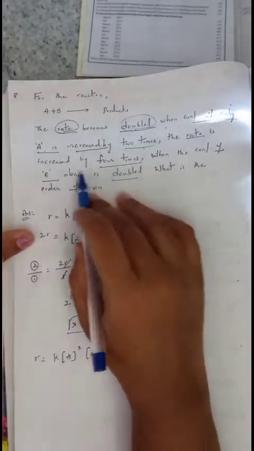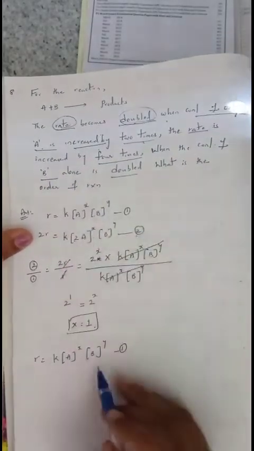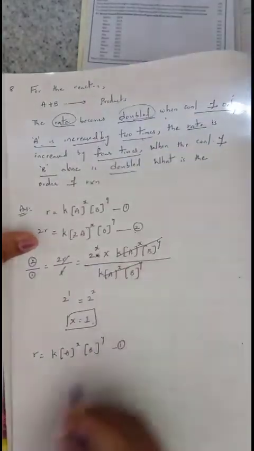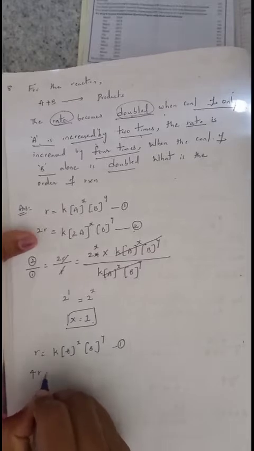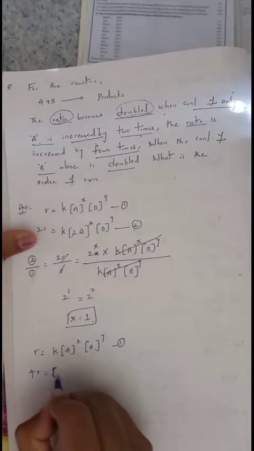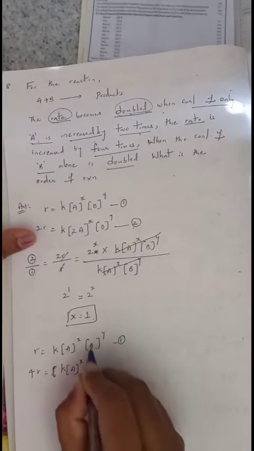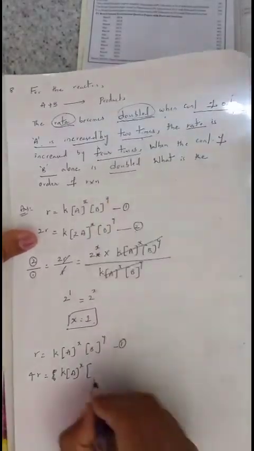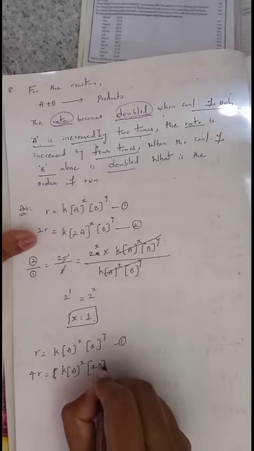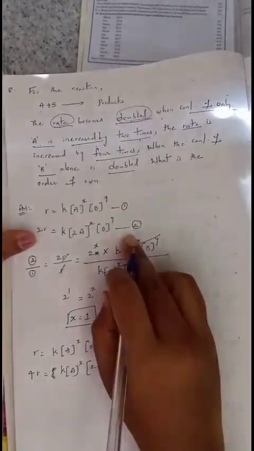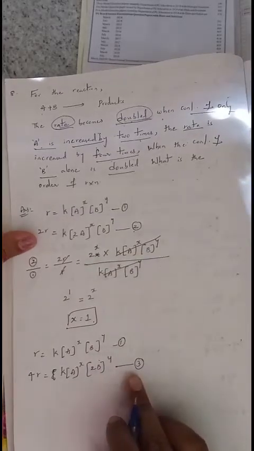Now R becomes 4 times, so in place of R you write 4R, whenever the concentration of B alone is doubled. That's why here 2B to the power of y. Consider it as equation 3, because already we have taken 2.